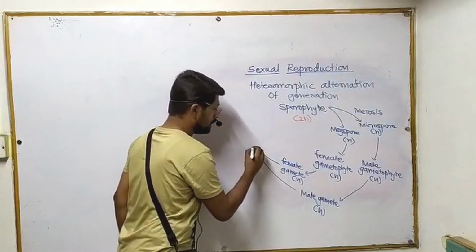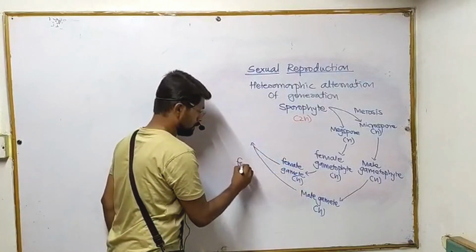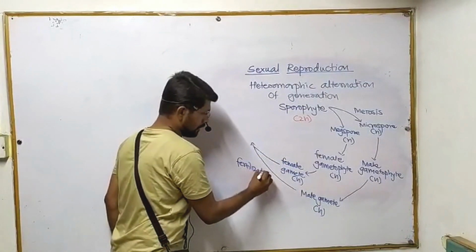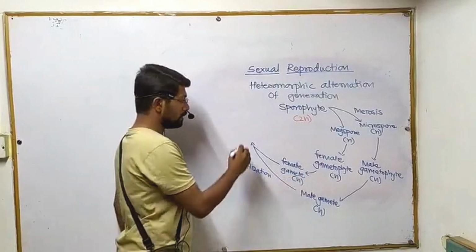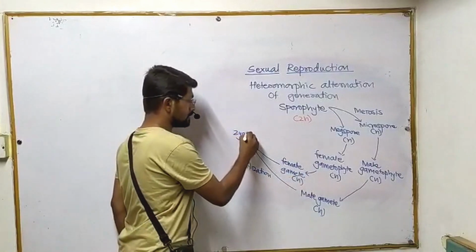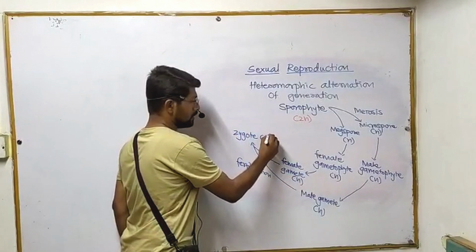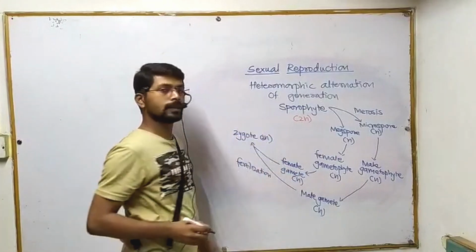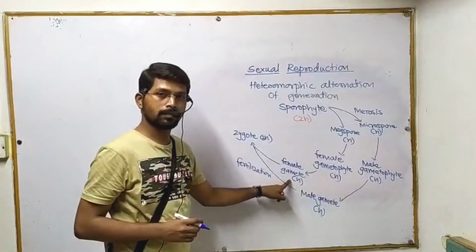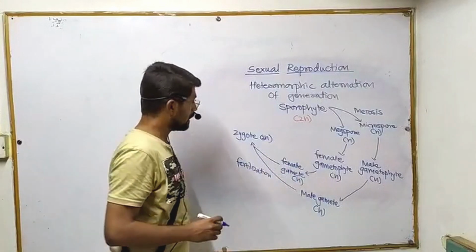Now, these gametes will come in contact with each other and they show a process which is called fertilization. After fertilization, male and female gametes fuse together to form a structure which is called a zygote. And the zygote is diploid in nature because it is developed by fusion of male and female gametes.